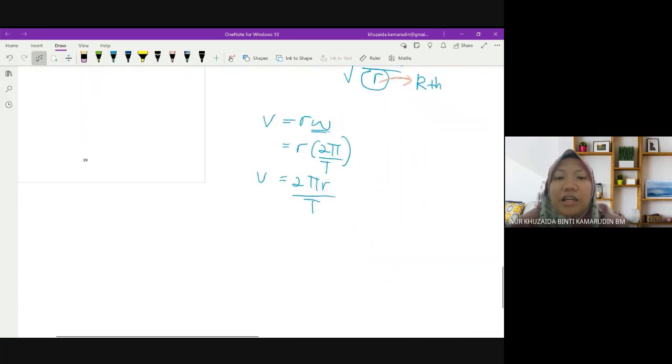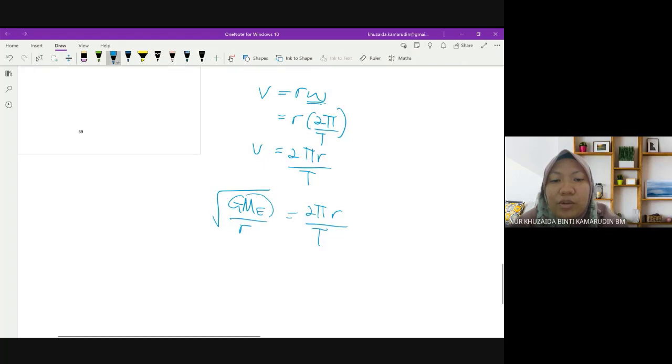Okay, ataupun you nak terus dapatkan equation sampailah this equation di mana kita substitute balik equation V dekat sini. Okay, kita ada equation tadi, square root of GM Earth over R equals with 2 pi R over T. Okay, so again yang kita substitute dekat sini adalah mass of the earth. Okay, so kita nak rearrange dapatkan T sama dengan berapa.